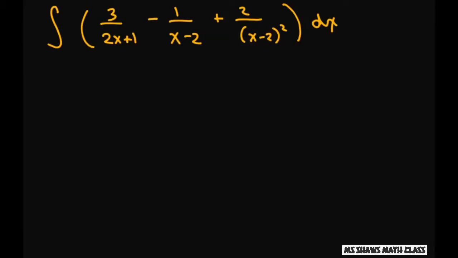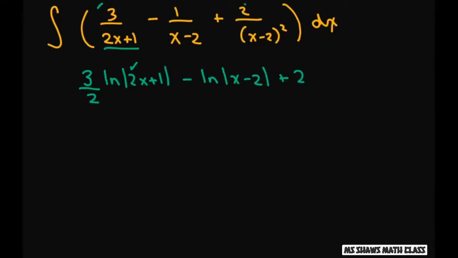So to take the antiderivative of that, that's going to be 3 ln of 2x plus 1, but don't forget we have to do the 2 here, so that's going to be 1/2. So this is just going to be 3/2 there. Minus ln of x minus 2, and this one's going to be plus, well, this one, remember, just put your 2 out here. It's a constant. This is x minus 2 squared, negative 2, so add 1.